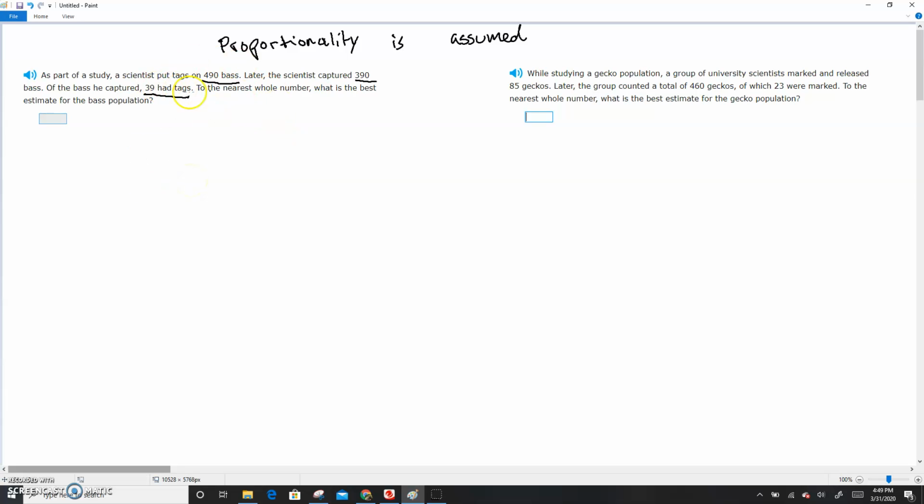So what we have that is proportional here is the number tagged is proportional to the total. So let's set up a table. We have tagged and total.